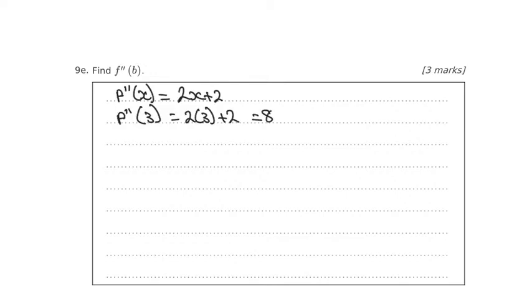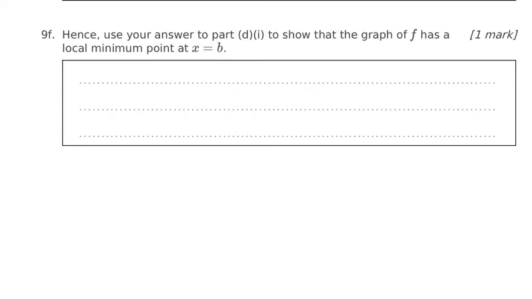9e, find the second derivative at b. So the second derivative, f double dash x, is equal to 2x plus 2. So f double dash 3 is equal to 2 times 3 plus 2, which is 8. 9f, hence use your answer to part e to show that the graph of f has a local minimum point at x equal b.